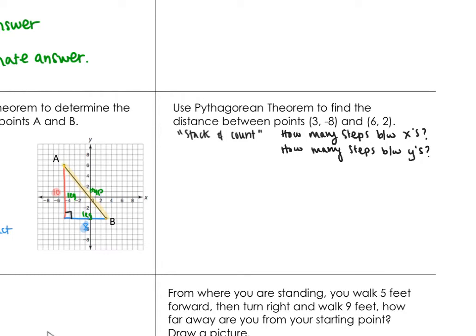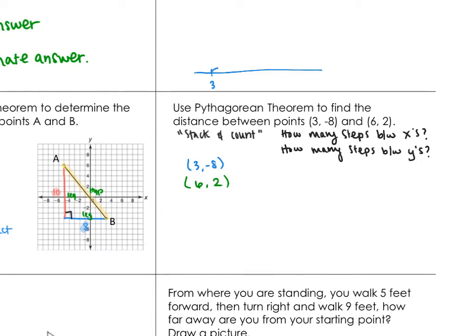So looking at my points, I call it stack and count because the way I do this is I stack up my points, so 3, -8, and then 6, 2. And then what I do is I figure out how far away is 3 from 6. Well, if we're thinking about a number line, if this is 3, to get to 6, we have to figure out how many steps we're going to take.